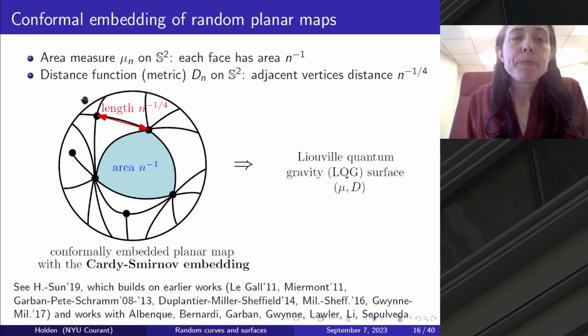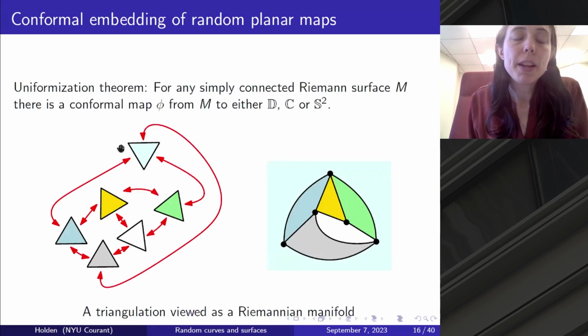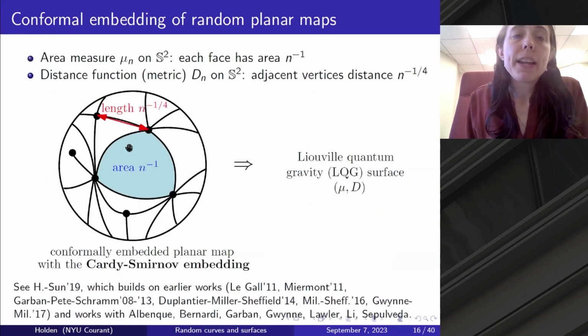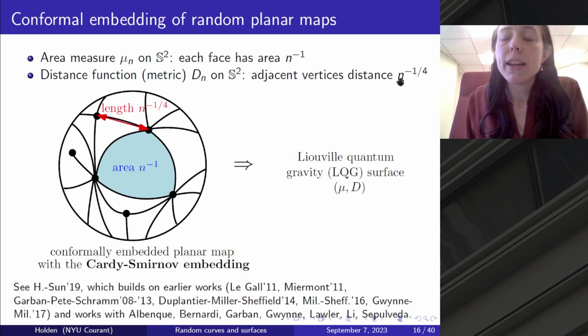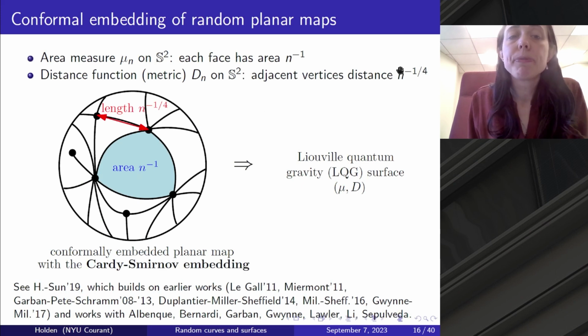We can also consider a distance function or metric on the sphere. This can be given just by the metric on each triangle. And then when rescaling distances, we choose to rescale them by n to the power minus a quarter.